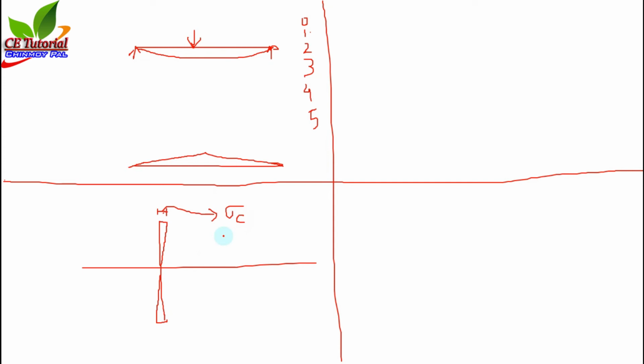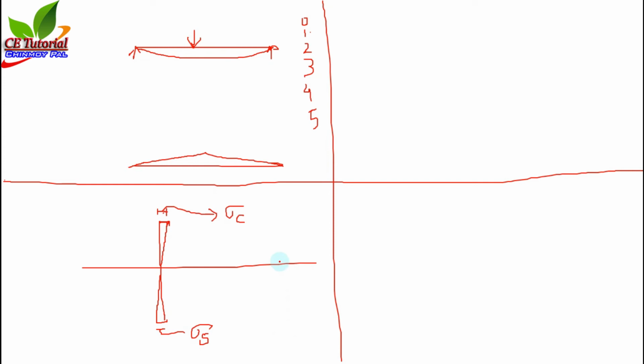Why I say sigma c and I did not say sigma cbc? Please keep in mind there is a difference between sigma c and sigma cbc. Previously I showed you that sigma c is actually nothing but sigma cbc, but there is some difference. What is the difference? Now you can understand. This is sigma c, and this value is sigma s, not sigma st.